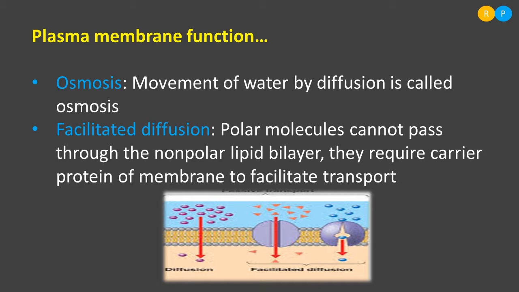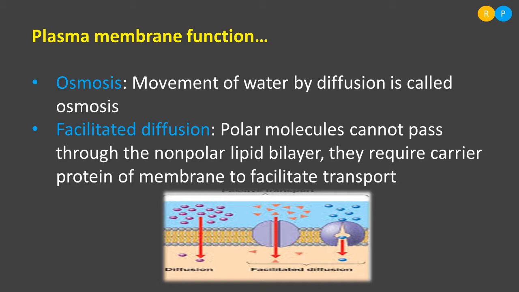Here also the movement of molecules takes place from higher to lower concentration, according to the concentration gradient. But the kind of molecule is a polar molecule, that means a water soluble molecule is moving, crossing the membrane through the protein channel, not through the lipid bilayer.